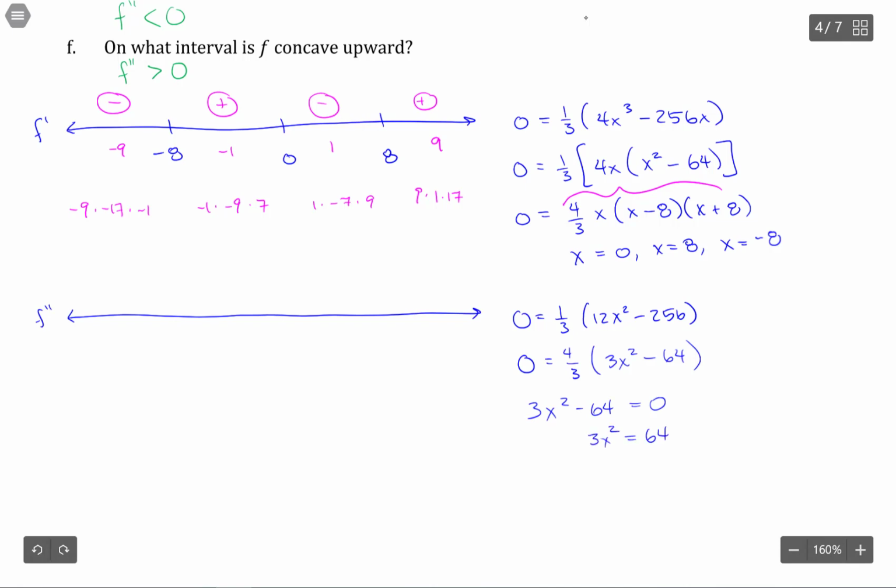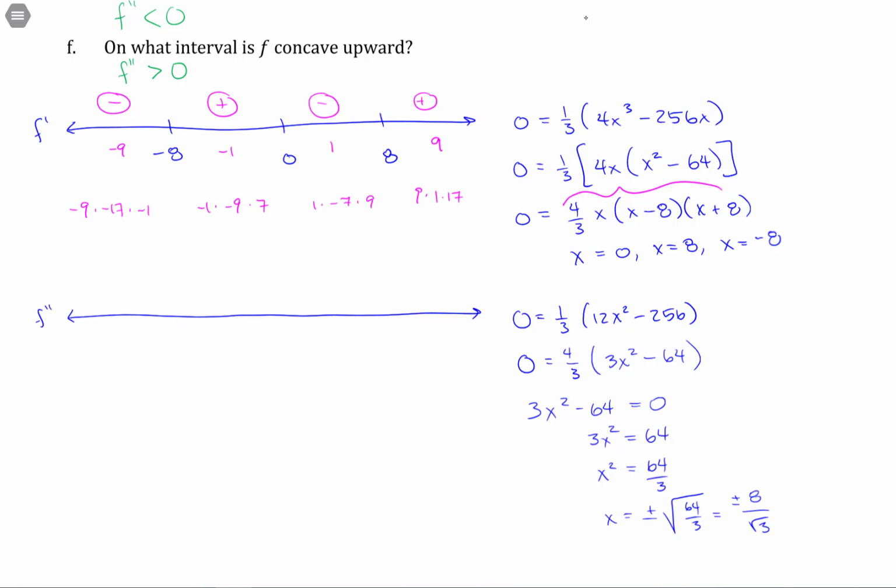So I would have 3x squared equals 64, or x squared equals 64/3, so that x equals plus or minus the square root of 64/3, which can reduce to plus or minus 8 over root 3.